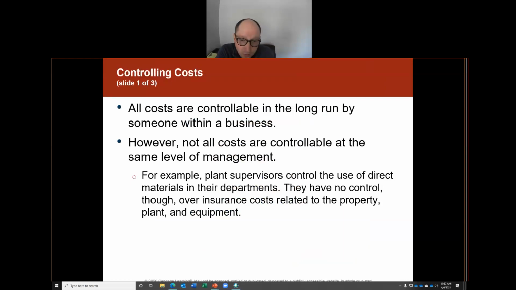As we can control costs, we're looking at costs that are within our control. A lot of times, these are our variable costs. That's why the variable costing model is very, very helpful for management to control our costs, because variable costs are really the only costs that management has the ability to control.